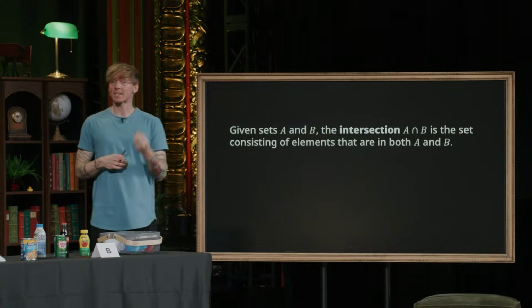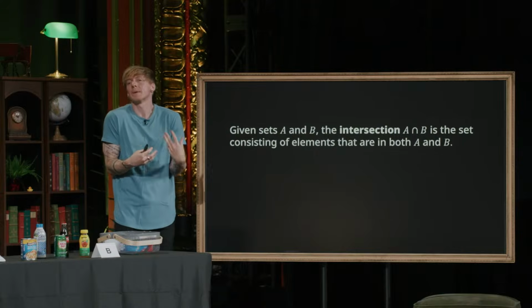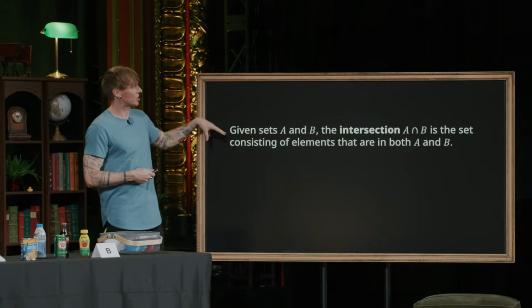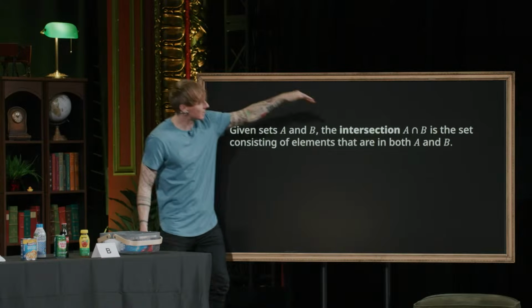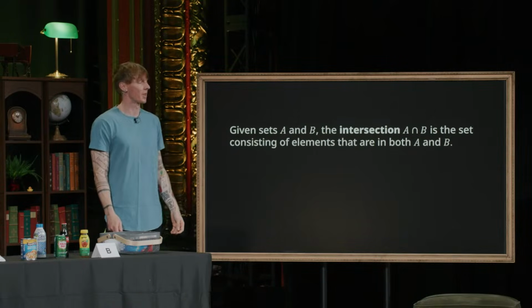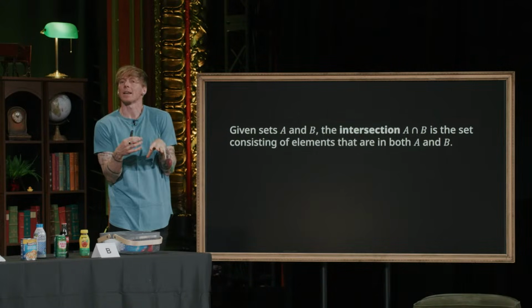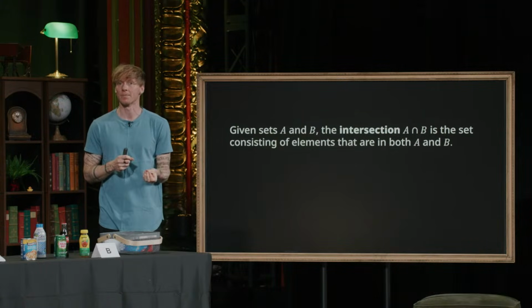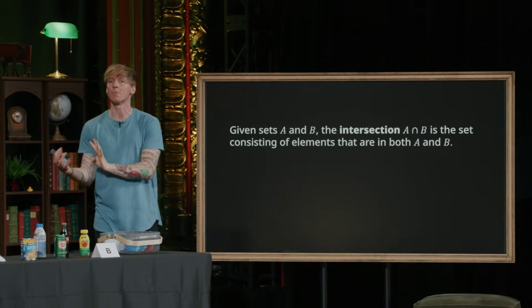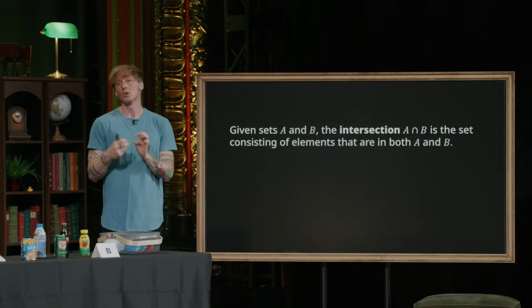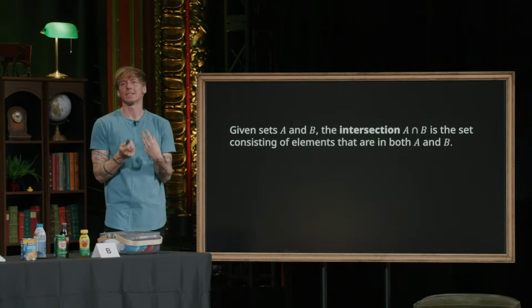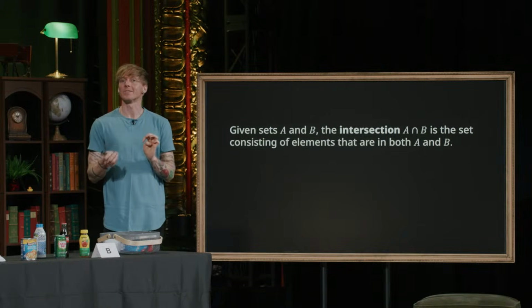Now, for the intersection, the rule is a little bit more specific. The intersection of two sets, A intersect B, written with an n symbol, is the set that consists of elements that are in both A and B simultaneously. So it's no longer enough to just be in one of them. You must belong to both sets to be in the intersection. I like to think of this as the overlap between those sets.